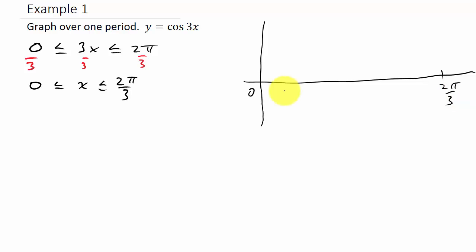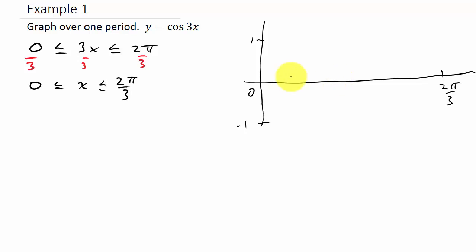And then we break it up into 4 equal intervals. Or, I guess before we do that, we can get our maximum and minimum value. We get that from the number in front of the cosine. The number in front is 1, so we know our maximum value would be 1 and our minimum value would be -1.